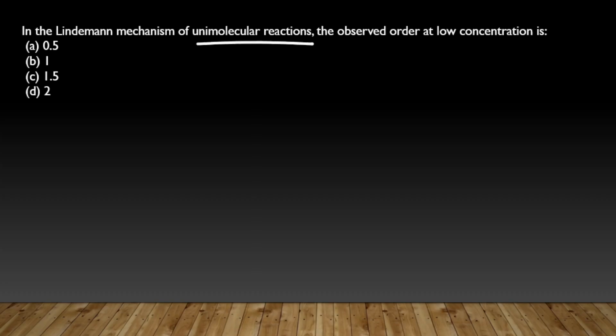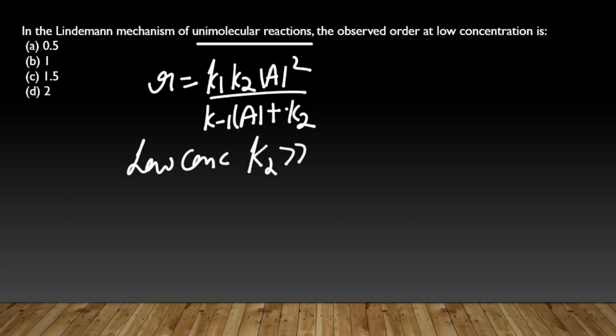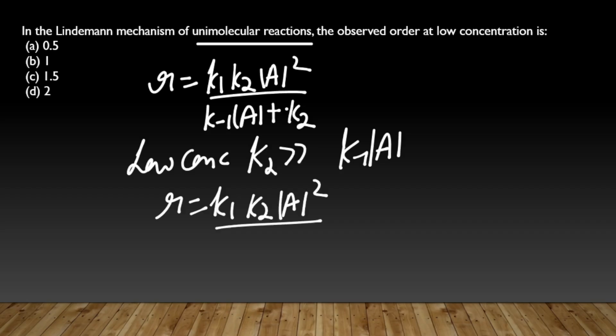For unimolecular reactions, the rate value is K1 K2 into A square upon K inverse of A plus K2. At low concentrations, K2 is greater than K inverse of A. So rate will be equal to K1 into K2 into A square upon K2, because K inverse of A is smaller.